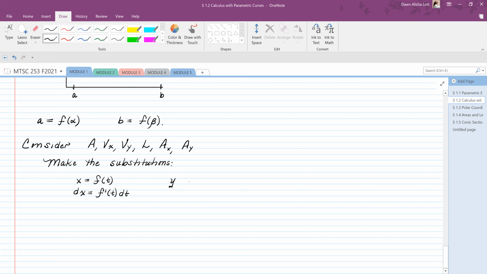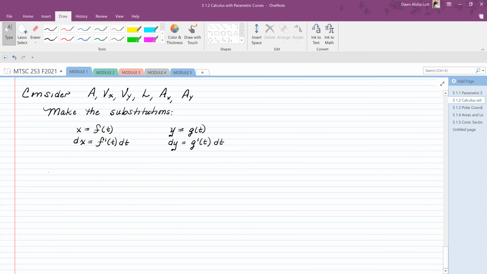Y is going to be g of t, and dy is going to be g prime of t dt. Then I'm going to take the integral from a to b, and I'm going to move that to the integral from alpha to beta.